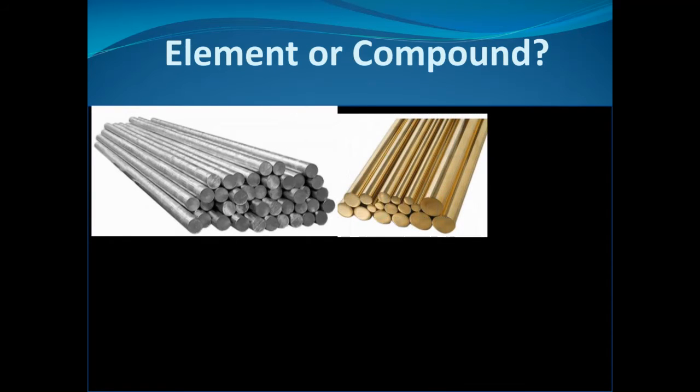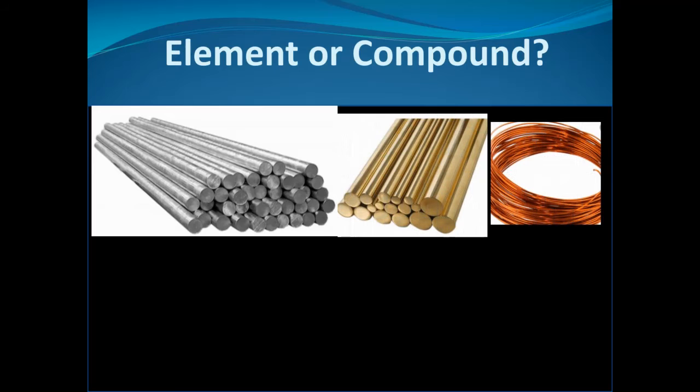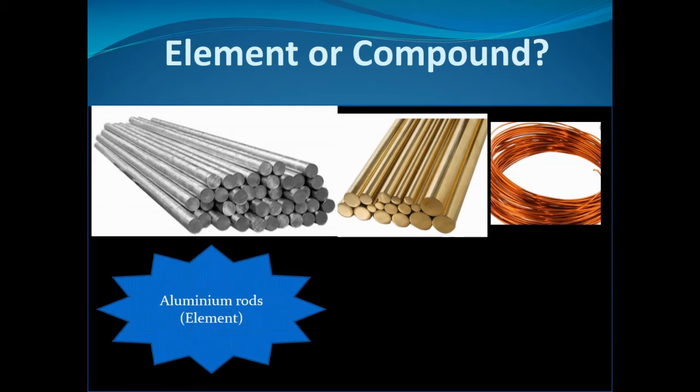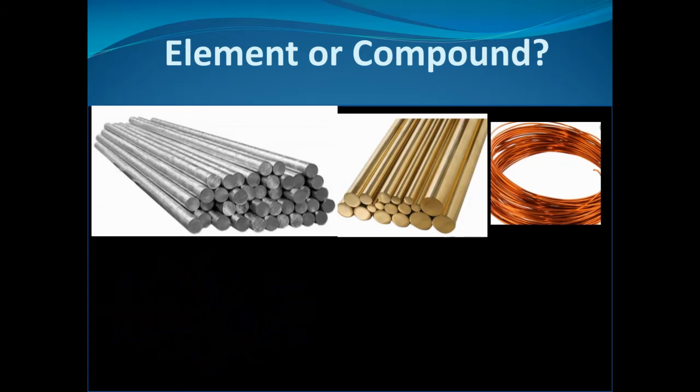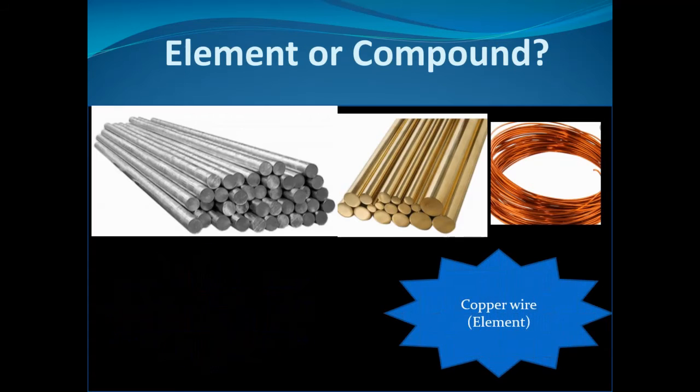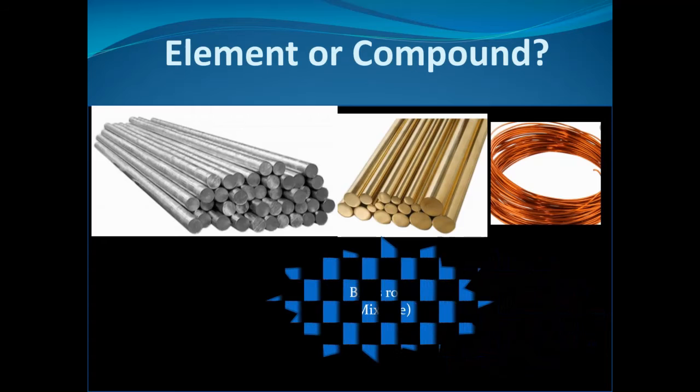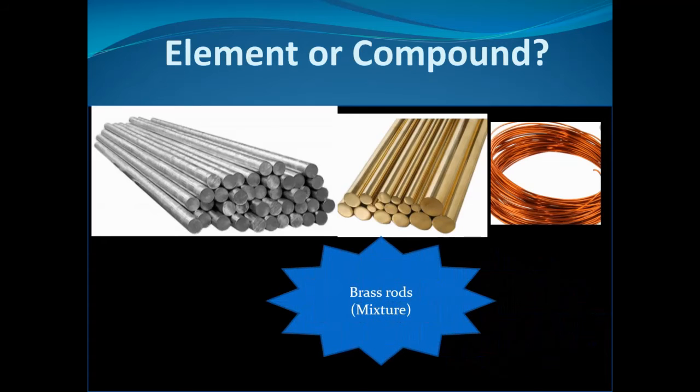Those rods and that wire, element or compound? Well, the silver rods are actually aluminium rods. The red wire is copper wire, those are elements. But the one in the middle is actually brass rods, and brass rods are a mixture, and you couldn't tell that by just looking at the substances, because you could not see the particles.